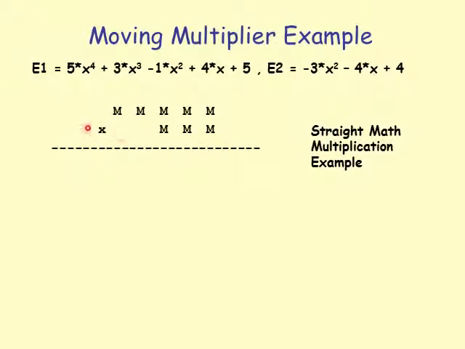So we have 5 terms here and 3 terms here. The multiplicand has 5 terms and the multiplier has 3 terms. First we multiply the rightmost digit of the multiplier with every digit of the multiplicand. We get 5 products in the first row.